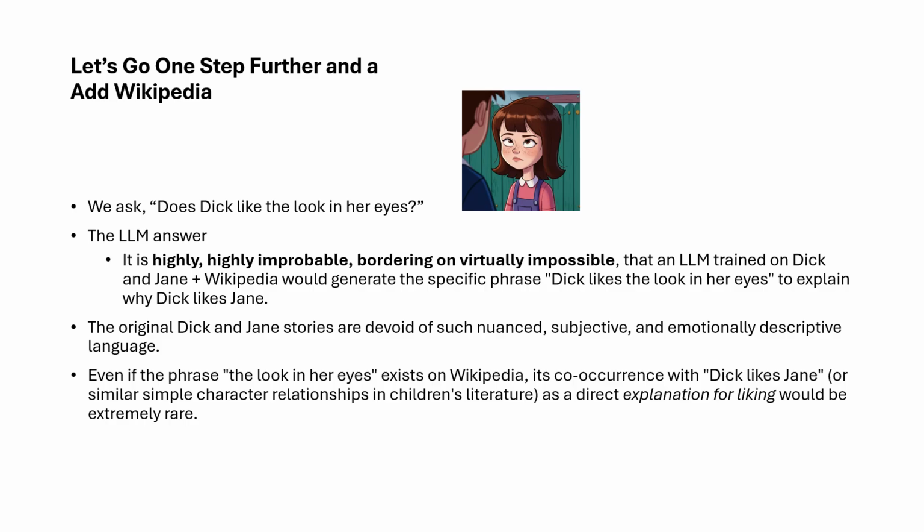Because they are so far apart in the training that there's no relationship in the children's literature or in Wikipedia to come up with a relationship between liking the look in someone's eyes. It hasn't been trained on those words, or if those words are still in there, they're so far apart and the weights and biases are not going to relate them. So it still doesn't answer a very basic question.